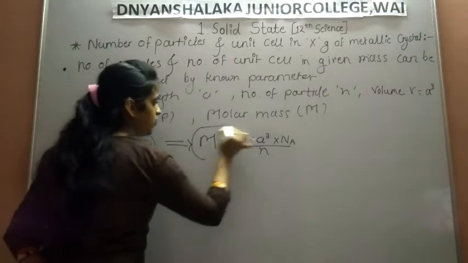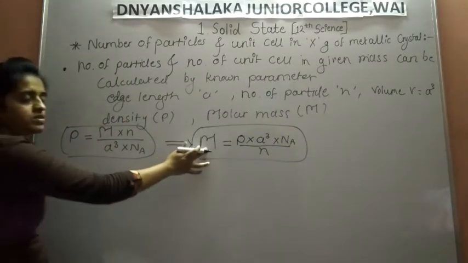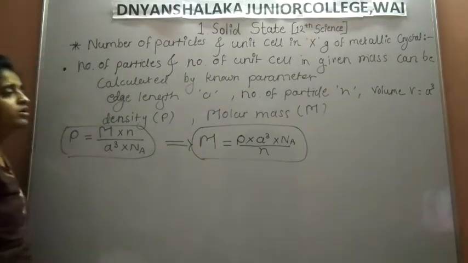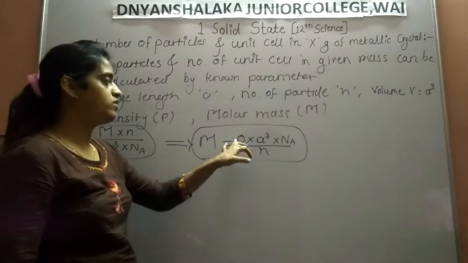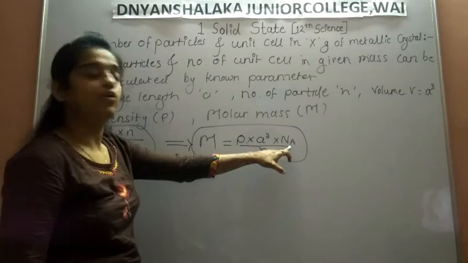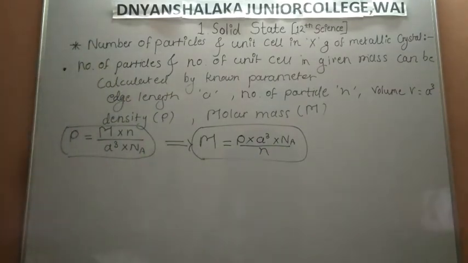Here rho means density of substance, a cube means volume of unit cell, Na means Avogadro number, and n means number of particles. So this is our first formula.